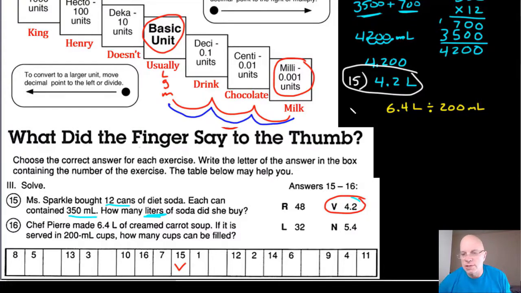So taking my 6 4/10 and moving my decimal 1, 2, 3 to the right is the same as multiplying by 1,000. So now our division problem becomes 6,400 divided by 200. Those are both milliliters.